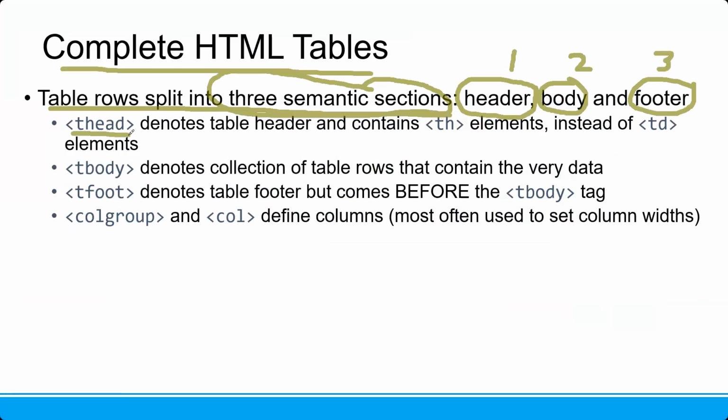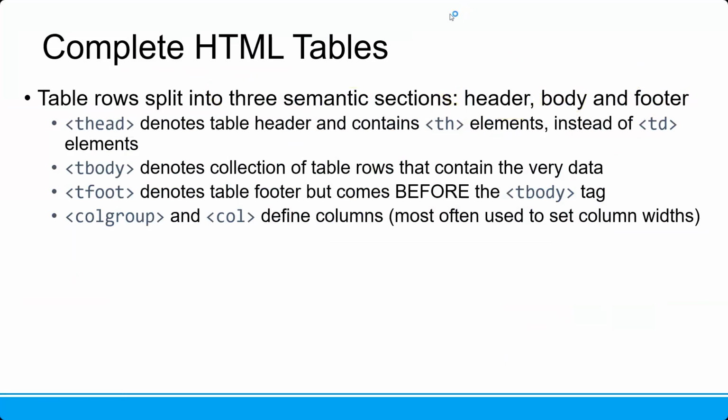T head denotes the table header, and we use the th instead of td. So th means the table header, td means the tabular data.